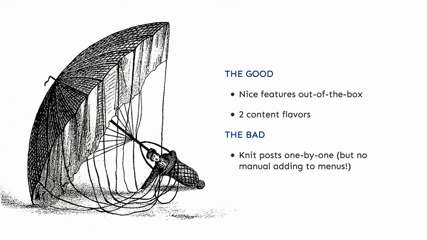One bad thing about Distill, it's just pretty annoying, I guess, to have to remember to knit each individual post one by one, if you would like to take advantage of the blog feature. But the good thing there, at least, is that you don't have to do anything manual to make sure that your posts get on that listing page we created.